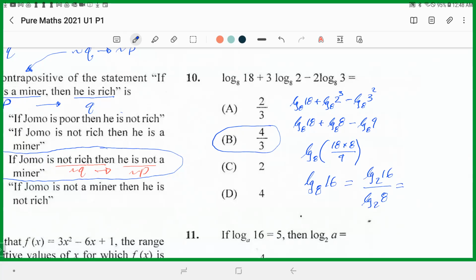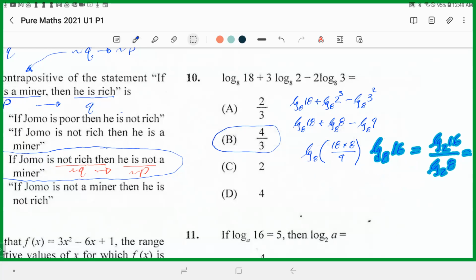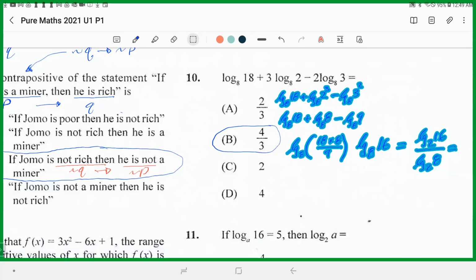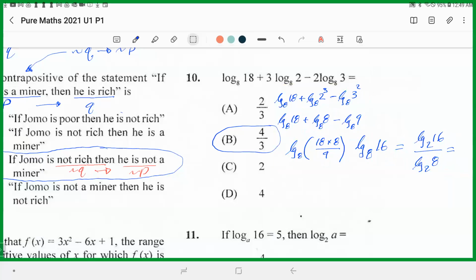And 16 is 2 to the 4th power. Let me write this up here, just to get the space. That becomes that, shift this all over. It's a good thing we can use a calculator, because maybe this is too much. But maybe if I approach it another way, I finish quicker.